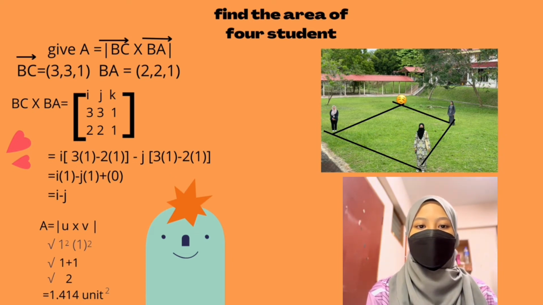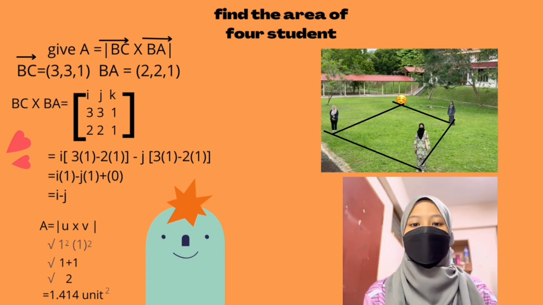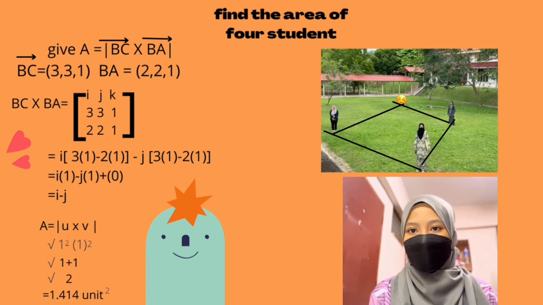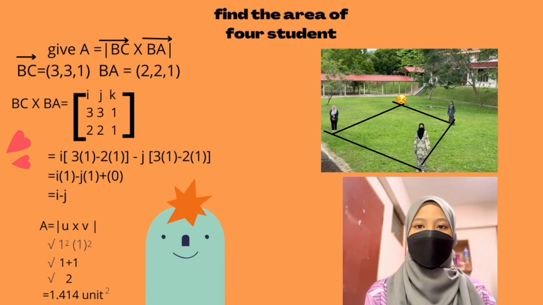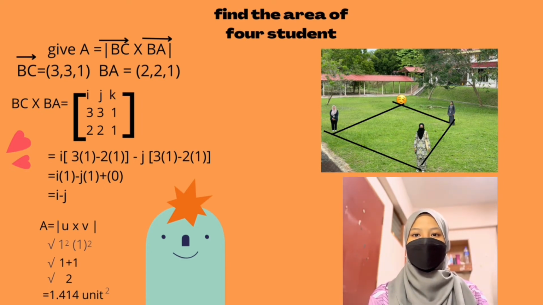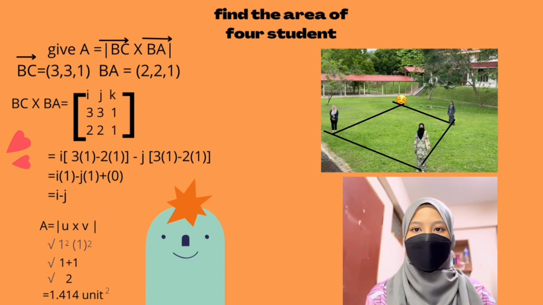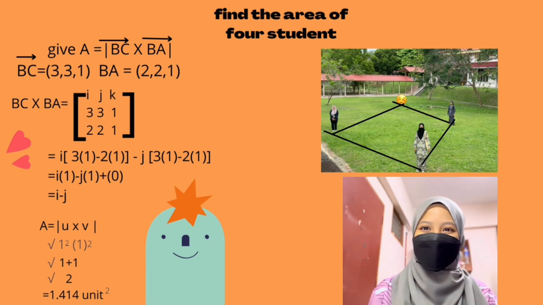Use the same method for finding the equation of k, using the method I described earlier. First row is 3, 2 and the second row is 2, 3. After finding the value, don't forget to multiply the value in the form of cross multiplication. Once the multiplication is complete using the cross multiplication method, we will get i(1) minus j(1) plus k(0) equals i minus j.